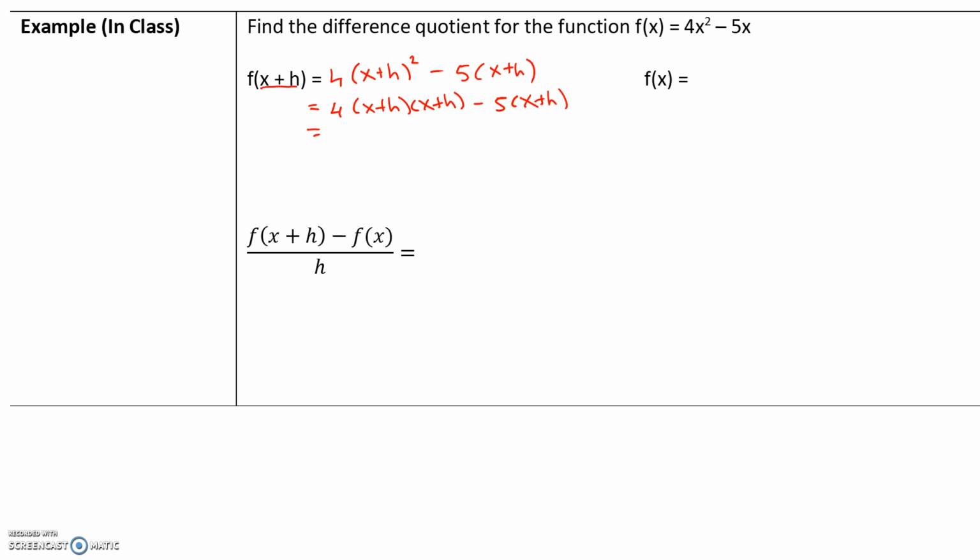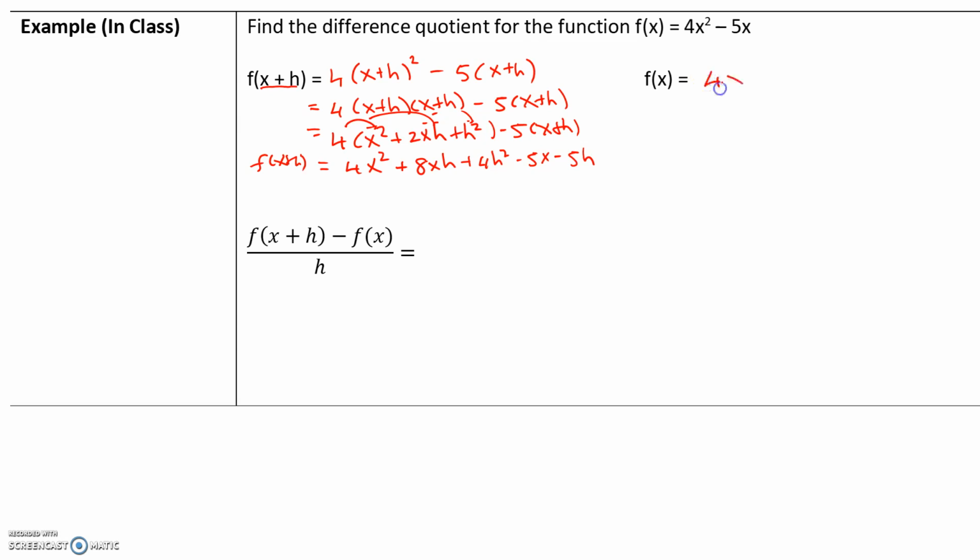When we do distribute, here's what our answer comes out to be. It's going to be 4 times x squared plus 2xh plus h squared minus 5 times x plus h. Then I would distribute the 4, so this gives me 4x to the second power plus 8xh plus 4h to the second power minus 5x minus 5h. Okay, so this expression is equivalent to f of x plus h.